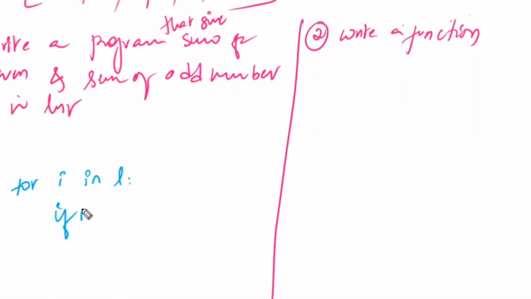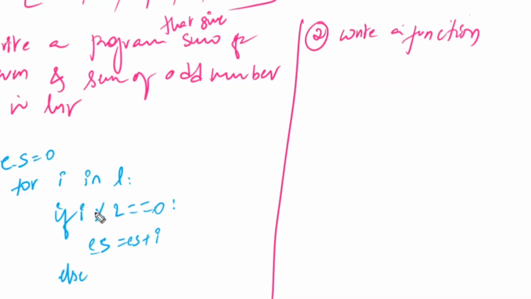First I'm going to see whether I is divisible by 2 is equal to 0. If it is equal to 0, I'm going to do the sum is equal to sum plus I. Sum I am going to initialize with 0. Even sum, so E underscore S, E underscore S is initially 0.